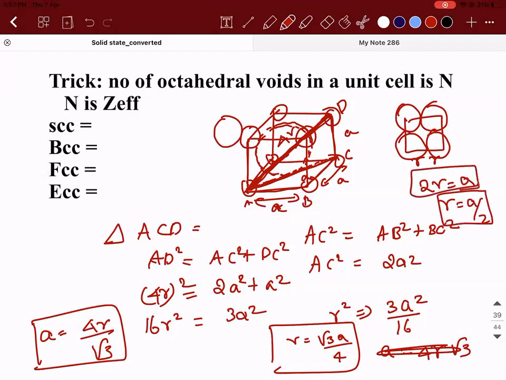Okay, so this is for SCC. For SCC, BCC, FCC, just get to know your R value and A value, that is your atomic radius and edge length. ECC is not of interest, so we don't want to get into that.